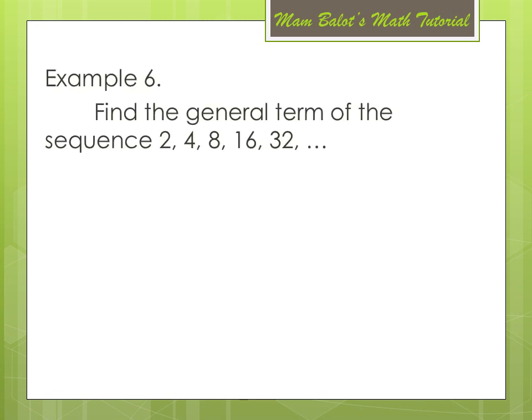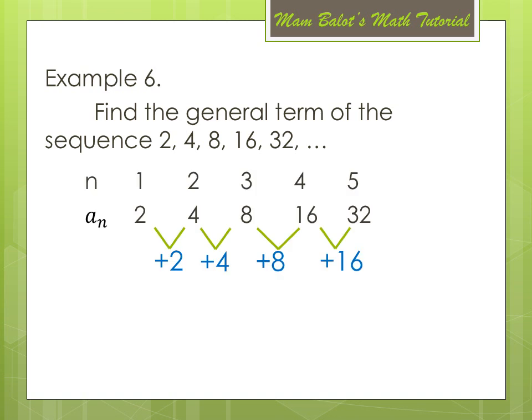Our last example is to find the general term of the sequence 2, 4, 8, 16, 32, and so on. So from these terms, we can have this table and the differences of the different terms. Observe that the first differences are not constant, which implies that this is not a linear function.